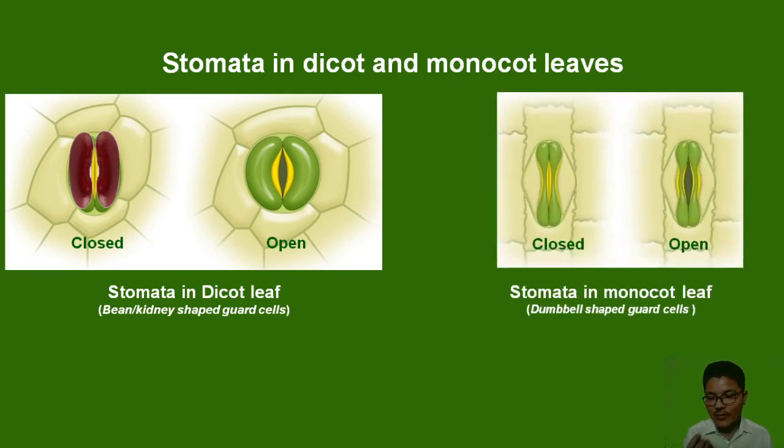But in monocot leaves, the guard cells are usually dumbbell shaped. We use dumbbells for gym, for exercise. So the main difference in the stomata of dicot and monocot leaves is the shape of the guard cell. Guard cells in dicot leaves are red bean shaped, and in monocot leaves we have dumbbell-shaped guard cells.